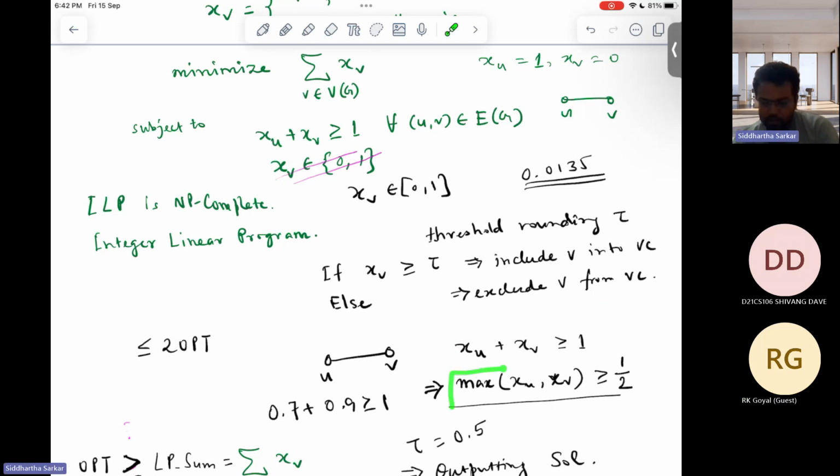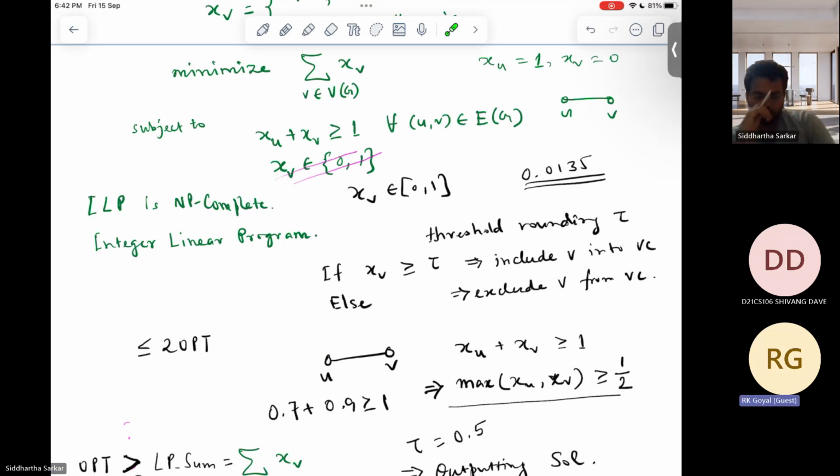So for every edge, one of the endpoints has a value at least 0.5, and that one you are taking because you're thresholding at 0.5. So there is no way we have an infeasible solution. Every edge is in fact covered.